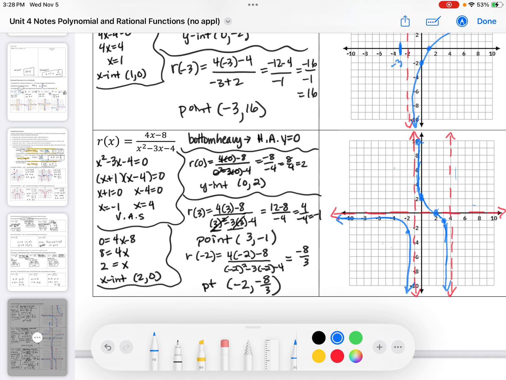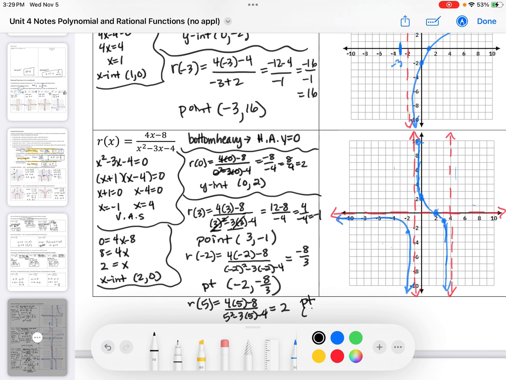And now we want to plug in a coordinate point to the right side of our vertical asymptote located at x equals 4. So how about we plug in 5? You can plug in 6 if you want to. And when you do that, you should get 2.